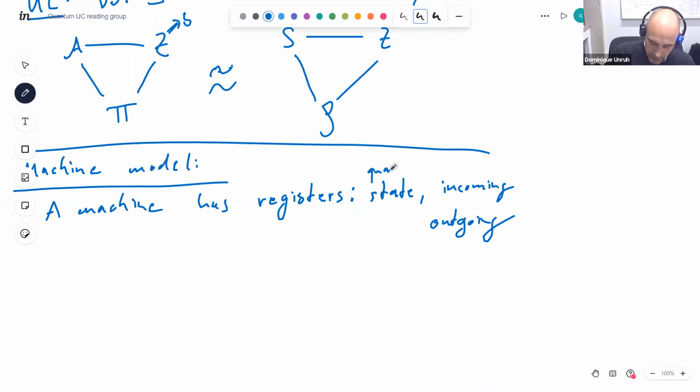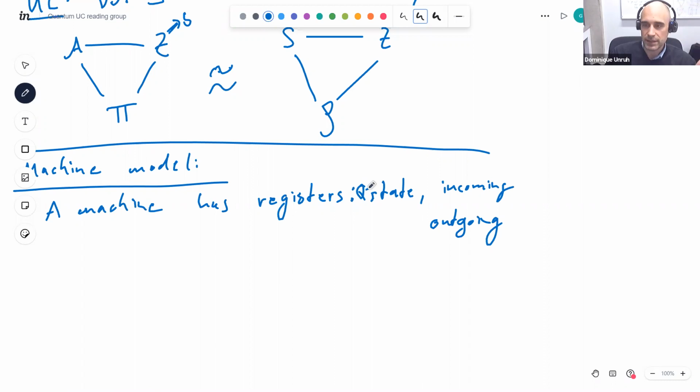So the state is a quantum state. And for the messages, at least the way I modeled it in my model, we split the register into two parts, a classical part and a quantum part. Although it's always possible to send classical data over a quantum channel, having a part of the register that is by definition classical just makes things easier.